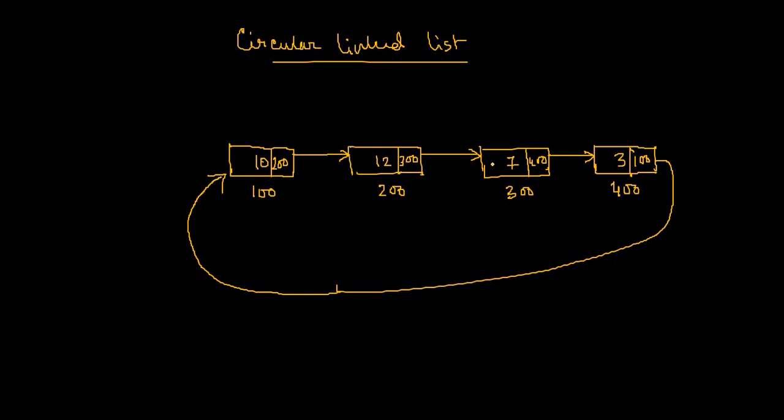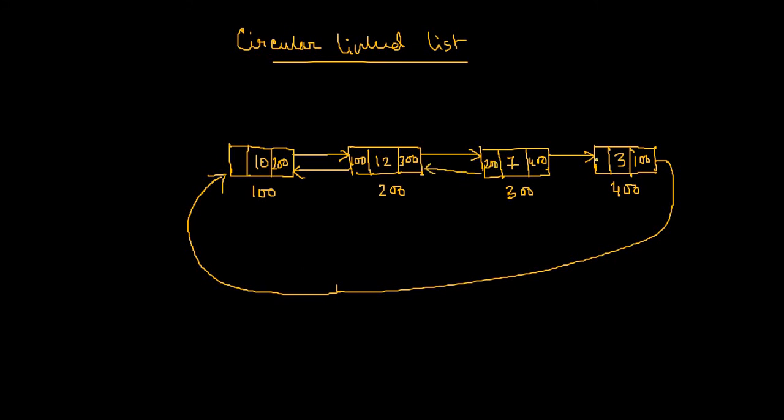Now it can be in both directions also. For example, if you consider that each and every node has 2 pointers, like prev and next, like a doubly linked list. So just assume that I have one more place over here, and this particular node will contain 100. That's why it is pointing to this node. This should contain 200, pointing to this node.